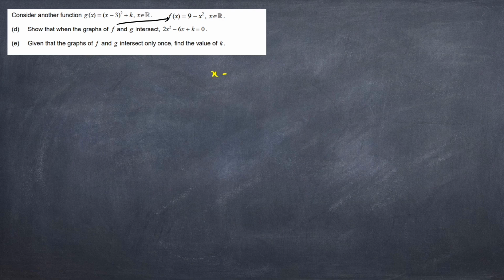So if we calculate it to be equal, (x minus 3) whole square plus k is equal to 9 minus x square, because at this particular point f and g are intersecting each other. So these two graphs will be equal at the intersection point.